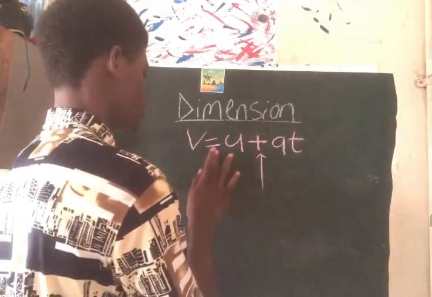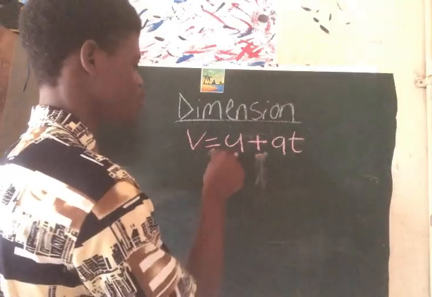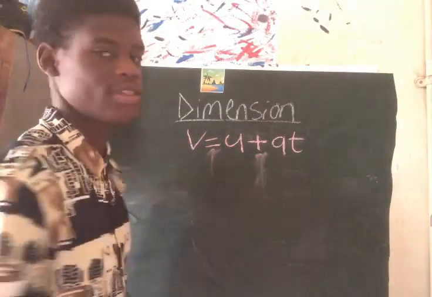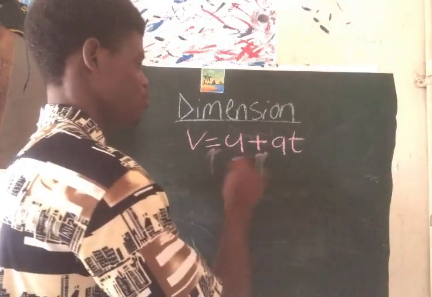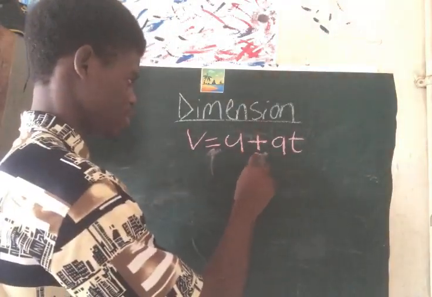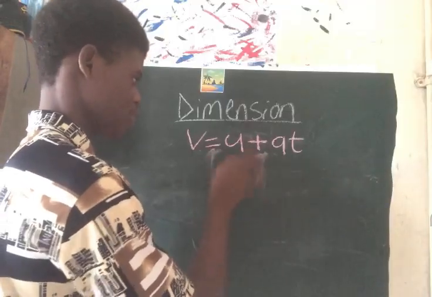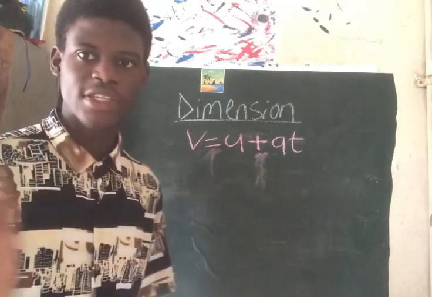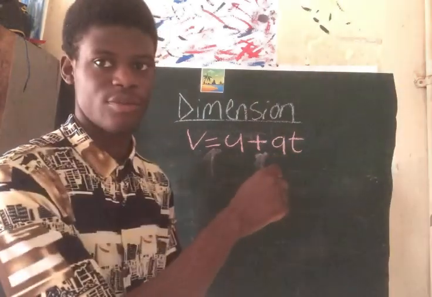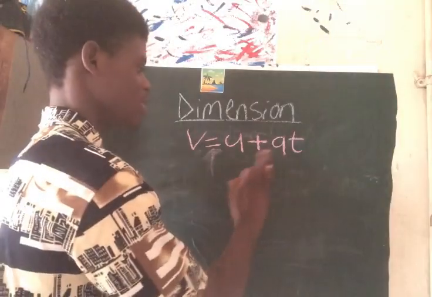So in this equation we can say v is equal to u, v is equal to at, and u is equal to at, because these two are separated by plus, and these two are separated by is equal to. But we cannot say a is equal to t. Why? Because a and t are separated by a product sign, a multiplication sign. So we cannot say that.